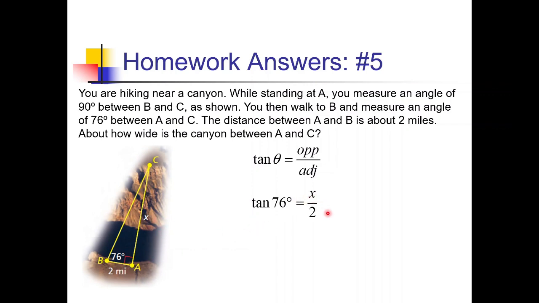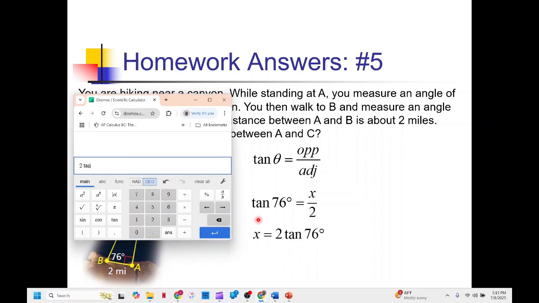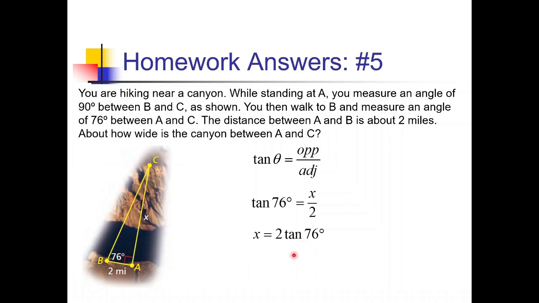And then to get x, I just do 2 times both sides. So 2 times the tan of 76. Let's run that on the calculator. 2 tan 76 in degrees mode gives us about 8.0 if I take it to the nearest tenth. So that's 8.0 miles from one side of the canyon to the other. That's pretty far. You're not walking that.